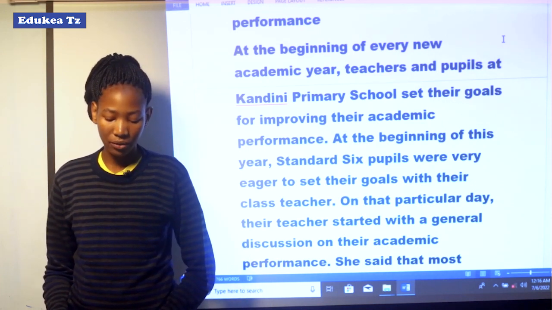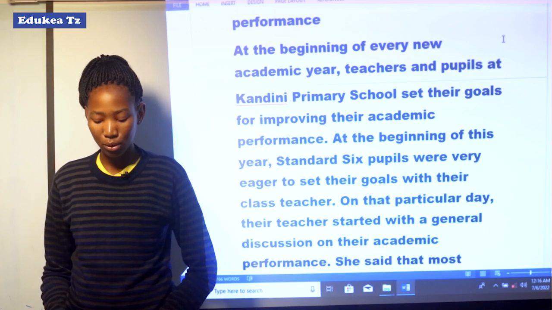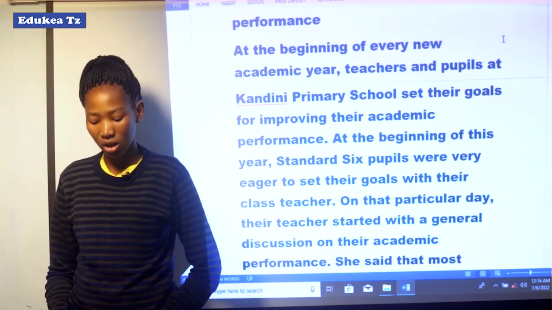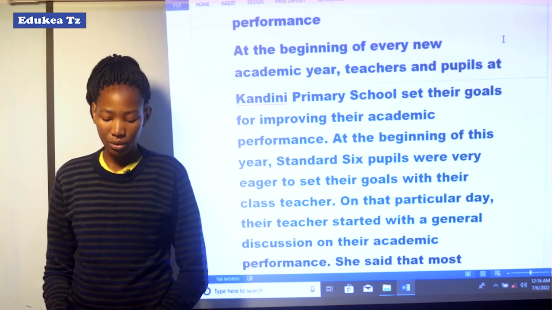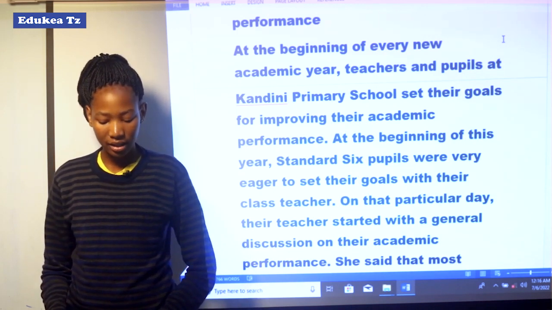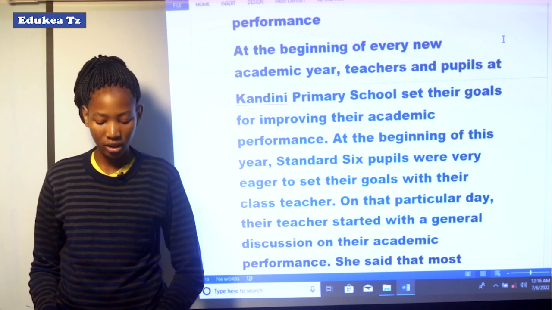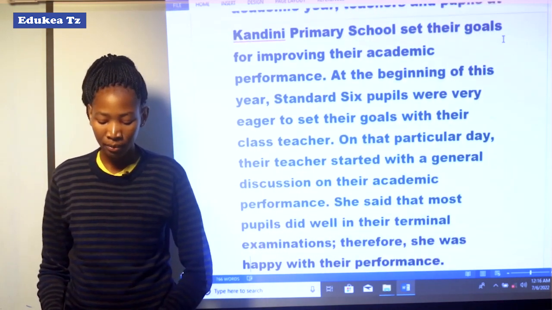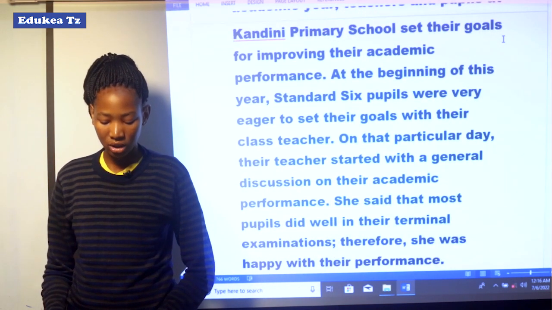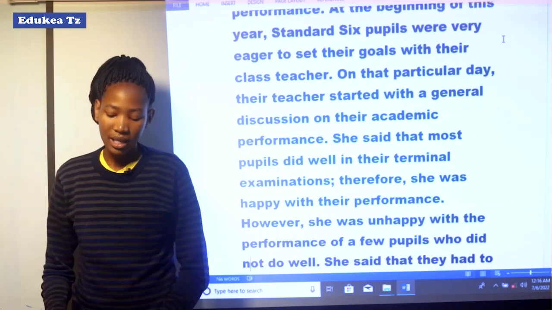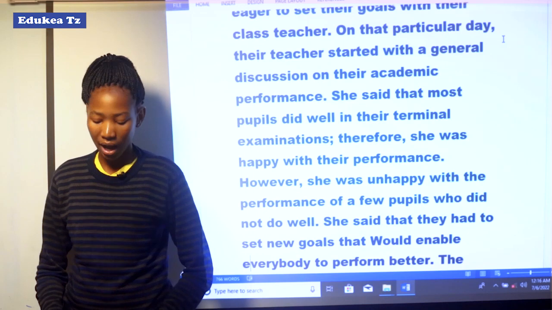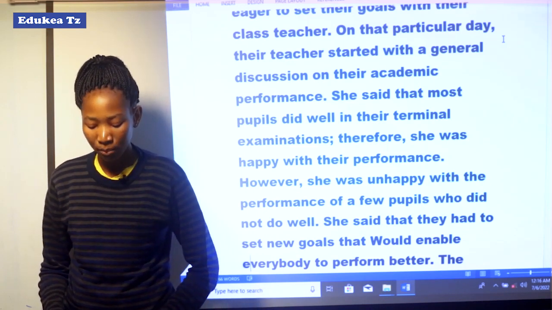At the beginning of this year, Standard 6 pupils were very eager to set their goals with their class teacher. On that particular day, their teacher started with a general discussion on their academic performance. She said that most pupils did well in their terminal examination. Therefore, she was happy with their performance.